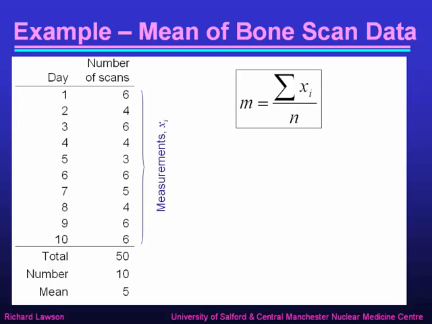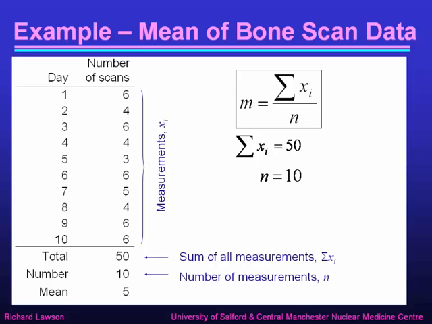Sigma xi means we add those all up, and that's 50. The sum of all our measurements, sigma xi, is 50. The number of measurements is just 10, so the formula says sigma xi divided by 10 is 50 divided by 10 is 5. That is the formula applied to calculating the mean.